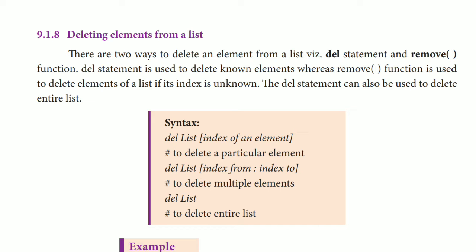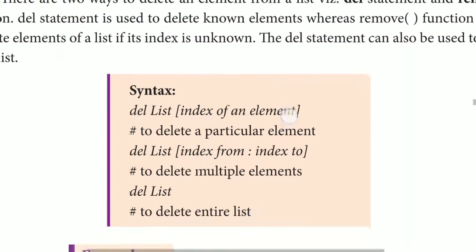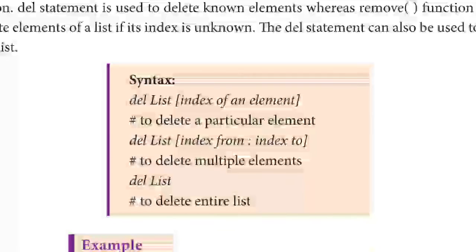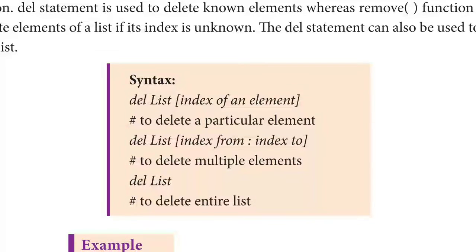Here in the syntax part they have given how to use this del statement. Del list and the index value: if you give the index value, then that particular value alone will be deleted.